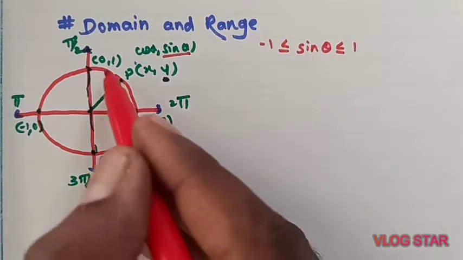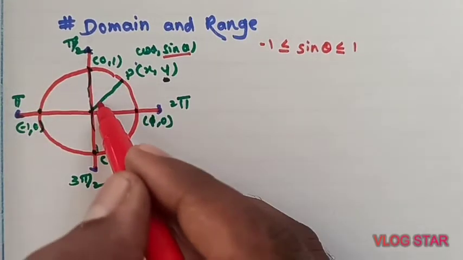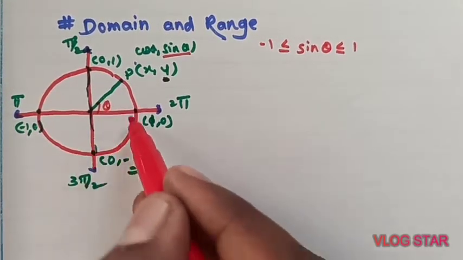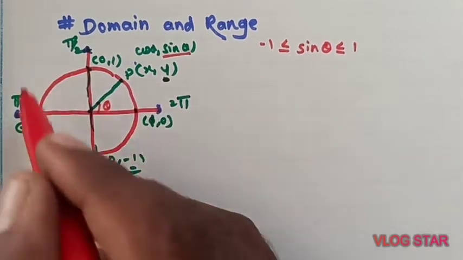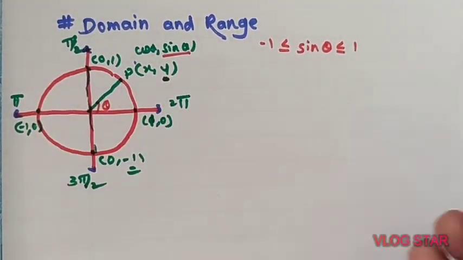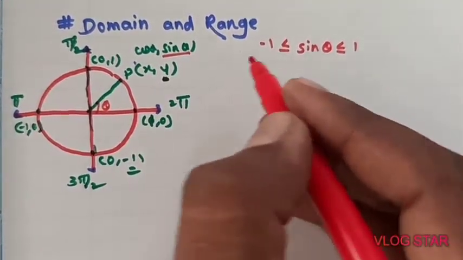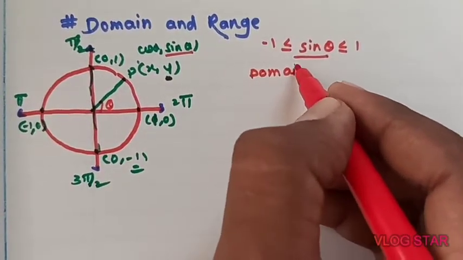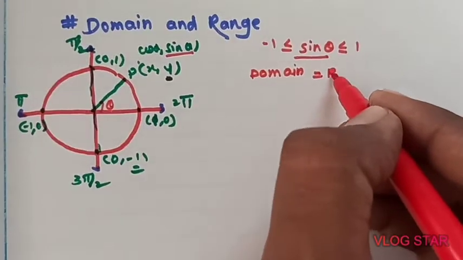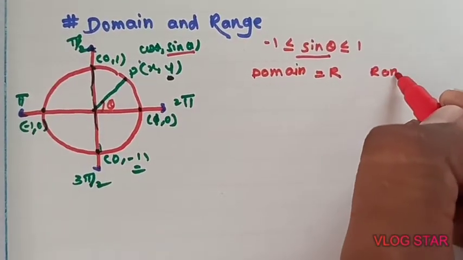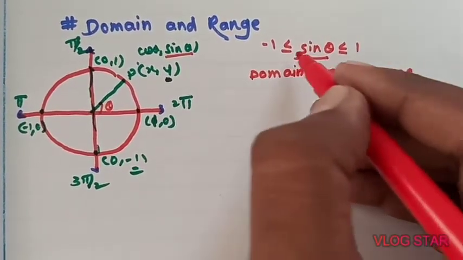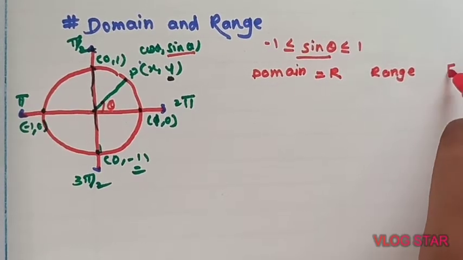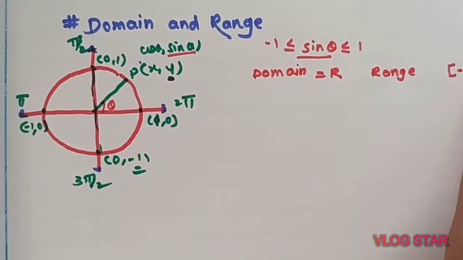What about the domain? Domain means theta, all values of theta. Theta can rotate in the positive or negative direction, so it is the entire R. So for sine, the domain is R and the range is -1 to 1.